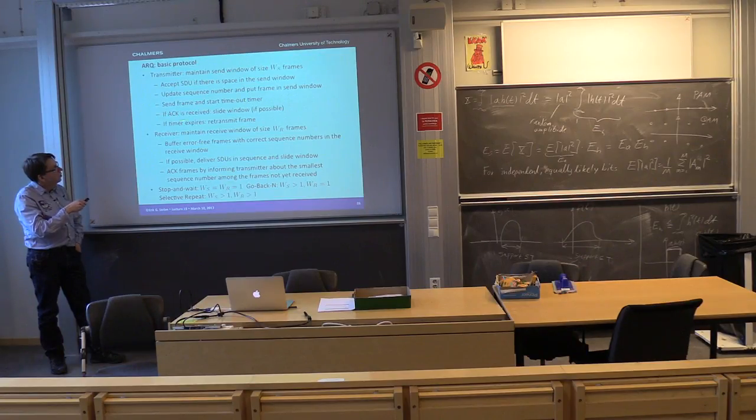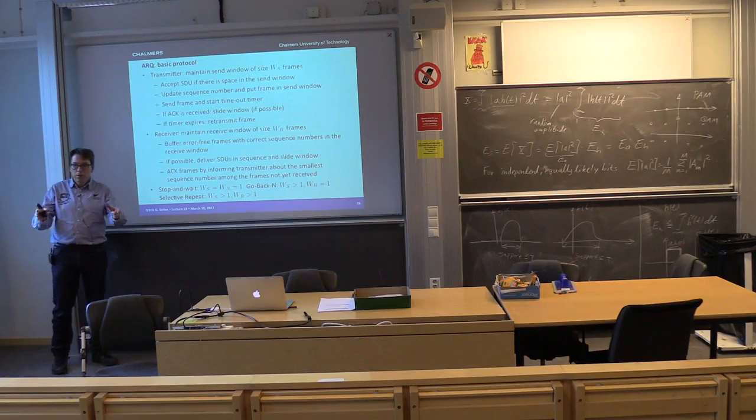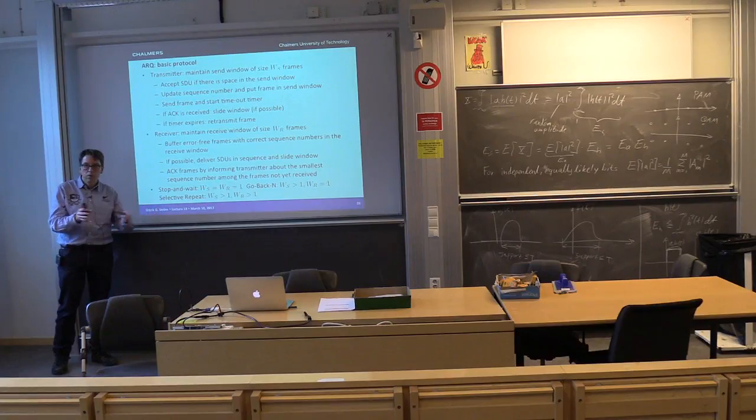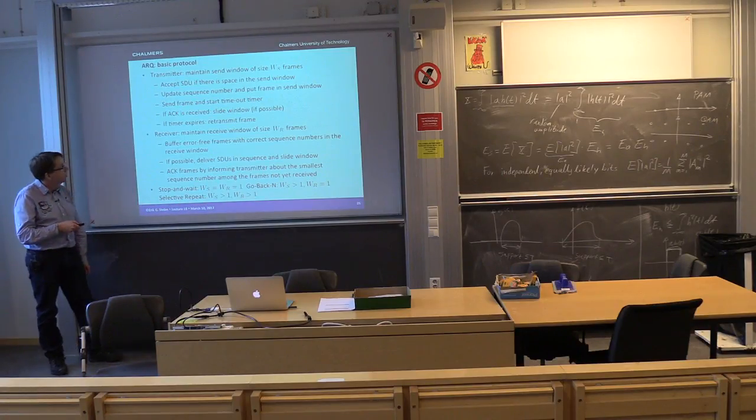If an acknowledgement is received for a certain service data unit in the send window, we can remove it from the send window, or forget it, because we know it's been received error-free at the receiving end. If the timeout expires, then we retransmit that frame according to some rules.